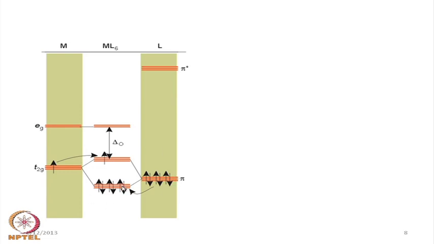So, these are the slight modifications we get due to the pi interactions from the ligand side, and we are restricting our attention mostly to this particular region because it is very interesting for considering the ligand field strength or crystal field strength, that is delta O, in arranging the different ligands in the spectrochemical series. This was the gap before interaction, and this gap is reduced after interaction.